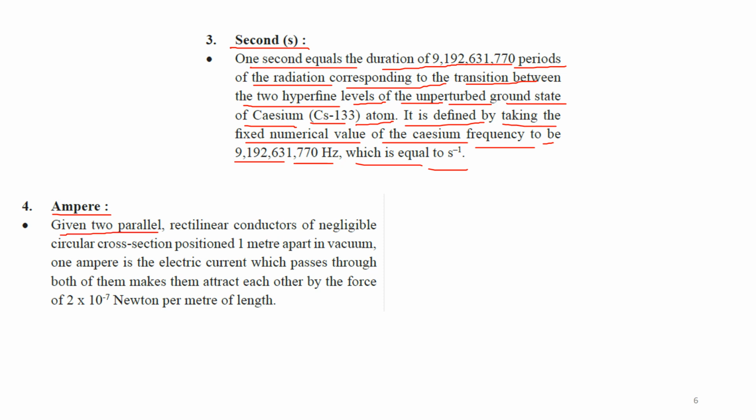Given two parallel rectilinear conductors of negligible circular cross section, positioned 1 meter apart in vacuum, 1 ampere is the electric current which passes through both of them and makes them attract each other by a force of 2 times 10⁻⁷ Newton per meter of length. So this is the definition of ampere. Again I am telling, nobody is going to ask you. If you want to remember you can.